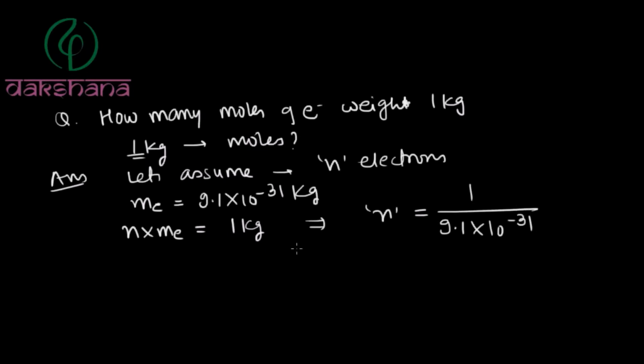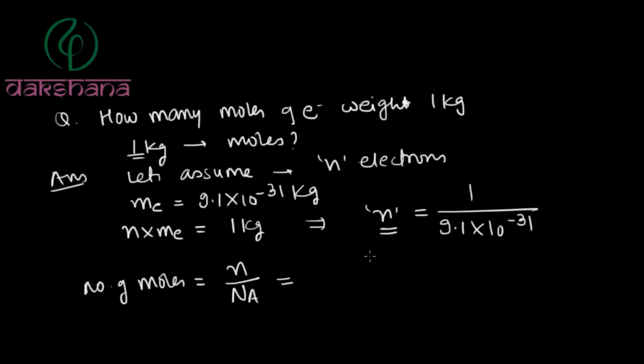Okay, so this n is the number of electrons, and I have to find the number of moles. So number of moles will simply be equal to this n divided by Na.